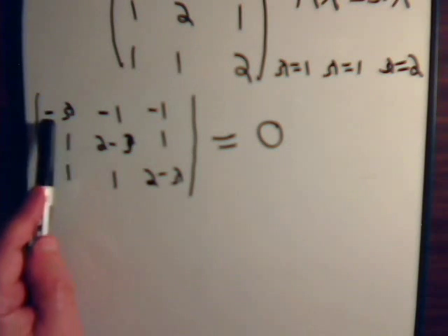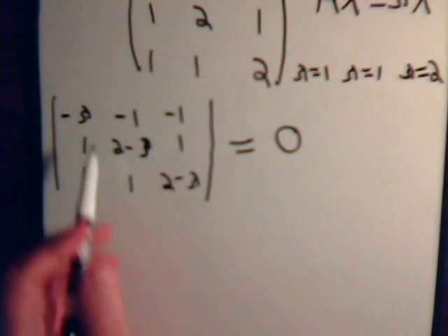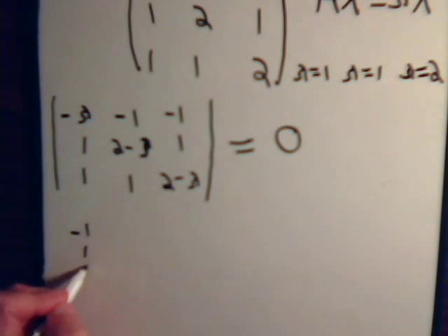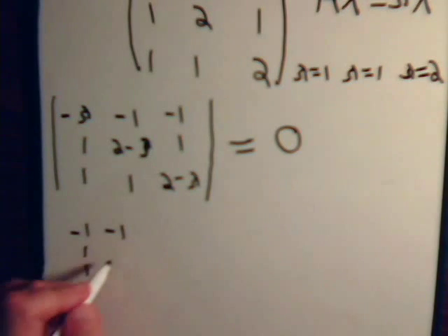Okay, we have lambda equal to 1. So I'm going to substitute that into here, and that should be pretty straightforward to handle, actually. We will have minus 1, minus 1, 2 minus 1 is 1.